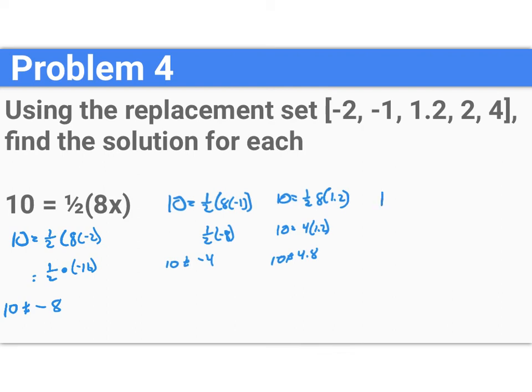Okay, let's try 2. 10 equals 1/2 of 8 times 2, and 1/2 of 16 is 8, which does not equal 10. And let's try the last one. 10 equals 1/2 of 8 times 4. 8 times 4 is 32.